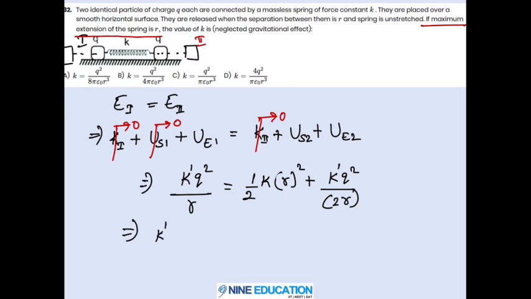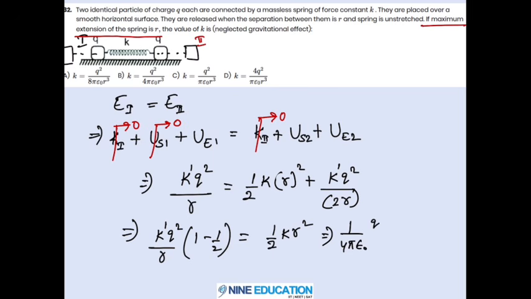So k dash q square by r, bringing that here, 1 minus 1 by 2, that is equal to half k r square. Correct? So this will give 1 by 4 pi epsilon naught q square by r into half, that is equal to half k r square.